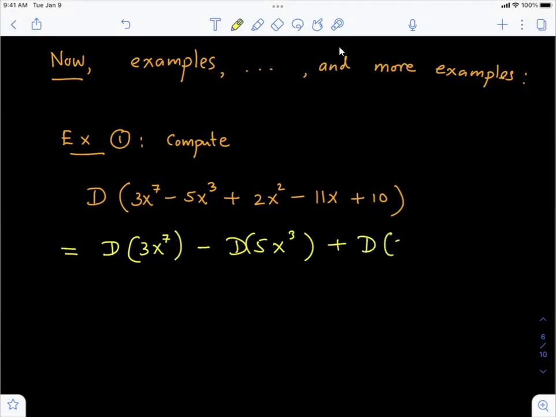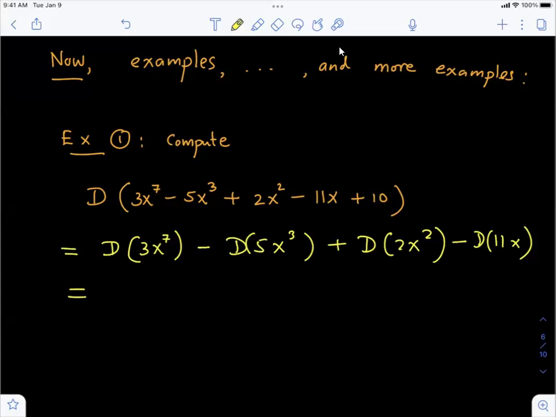The derivative of 2x square minus the derivative of 11x and the derivative of 10, a constant alone. What should that be? We all know that is going to be just 0, right? The very first line that we wrote in our list. Now the next step, so I'm not going to have any contribution for this. It just disappears when I take the derivative.